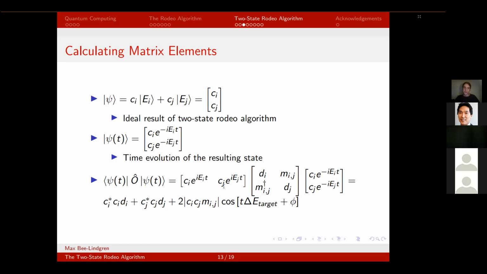And then the diagonal matrix elements are proportional to the absolute value of the spectral weights squared and the diagonal matrix elements.